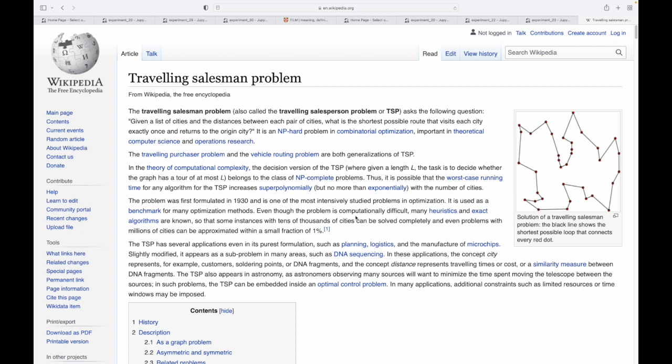It means we don't have a clear answer for this one. But we can try to find an optimal solution for a specific area, specific country, specific conditions. Yeah, but we don't have the general solution. So if you can solve this one, you will become a billionaire soon. I guarantee that.